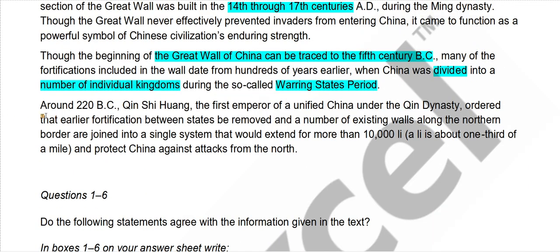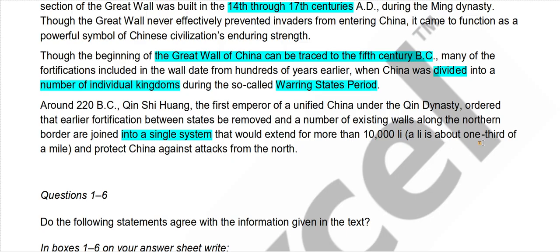Okay, let's see. Around 220 BC, Qin Shi Huang, the first emperor of a unified China under the Qin dynasty, ordered the earlier fortifications between states be removed and a number of existing walls along the northern border be joined into a single system that would extend for more than 10,000 li.